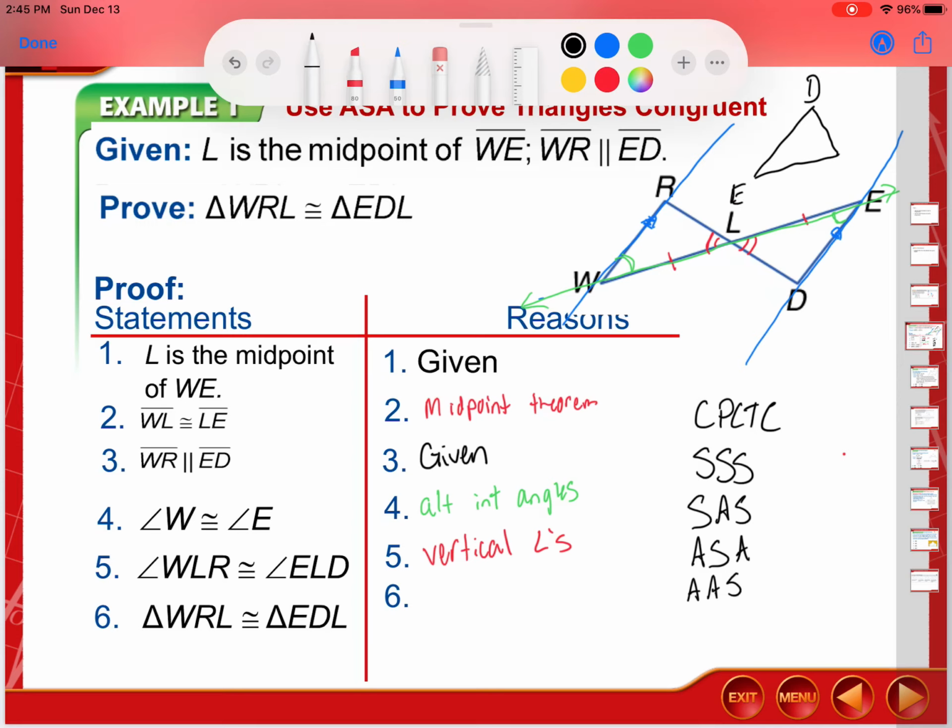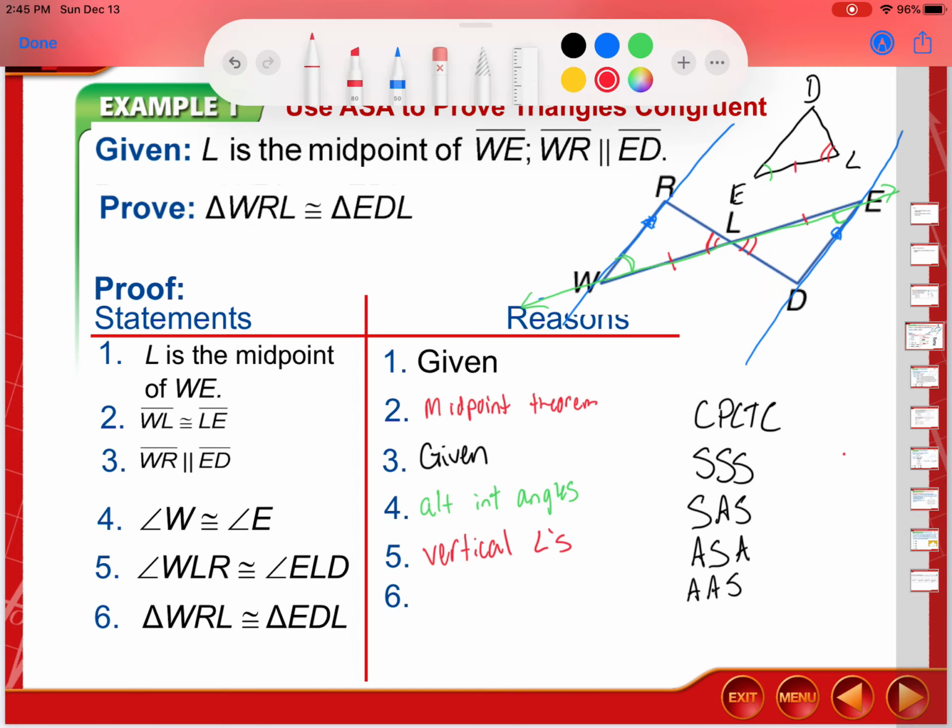So I want to make this triangle kind of go like this, and then I'm going to relabel it EDL. And it's totally up to you. It's just me personally, it's easier for me to see this if I relabel it like such.